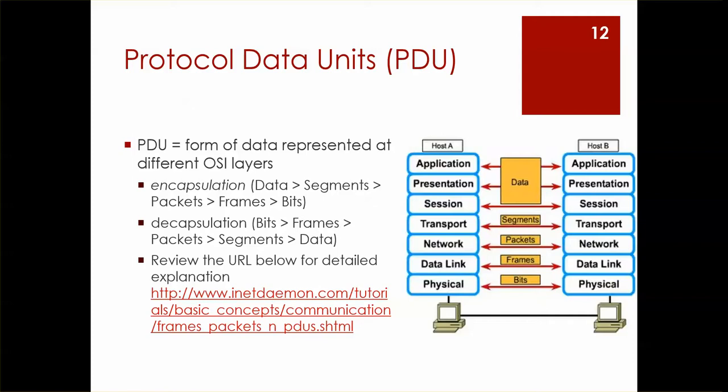Looking into the application, presentation, and session layers, the protocol data units in these layers are called data. The data is essentially in human readable format. Moving down to the transport layer, the data is converted into segments. This is where we have the TCP/IP ports. Moving down into the network layer, where we have the IP protocol, these PDUs are called packets.